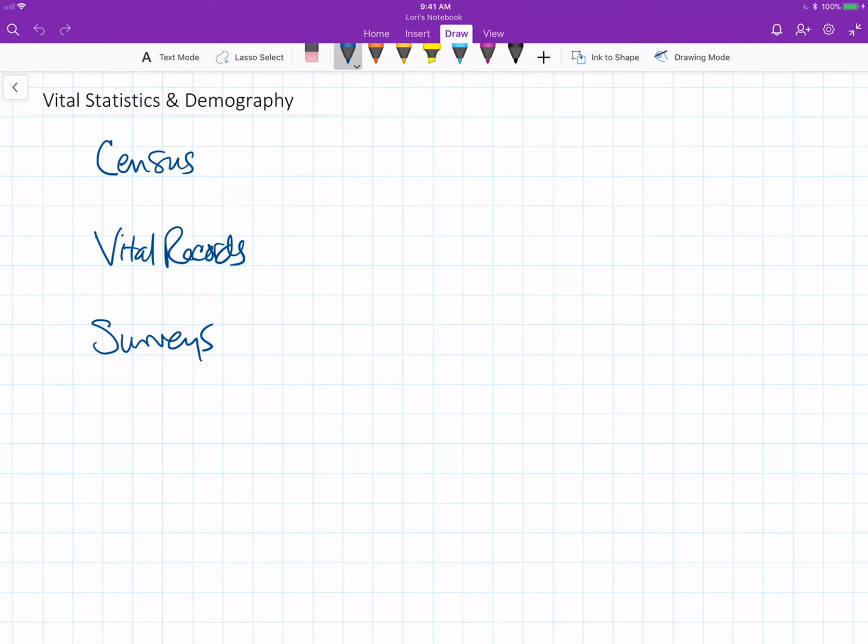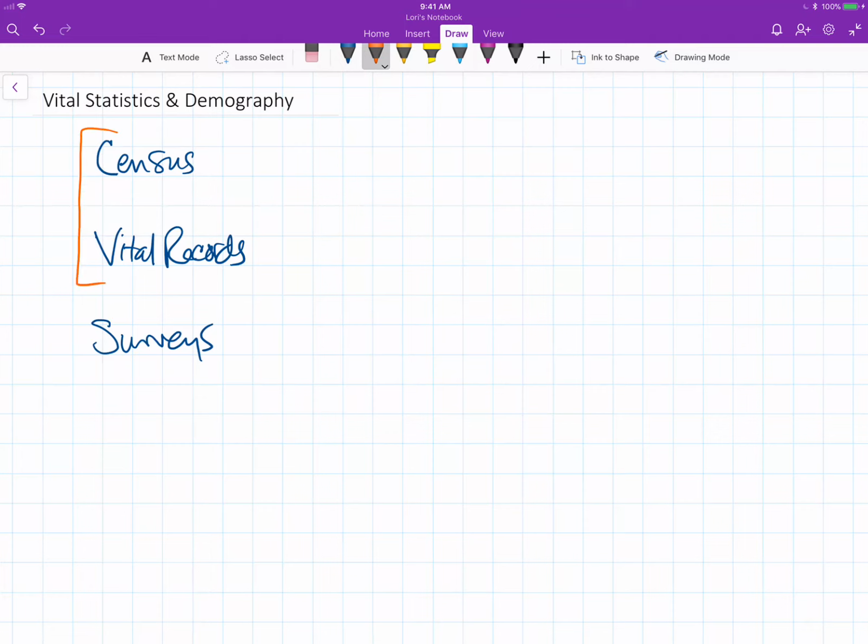In this talk, I would like to share a few of the important systems that we have in place to capture vital statistics and do the work of demography or demographics. So the first two things that I would like to point out have to do with the census and vital records.